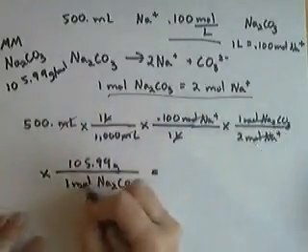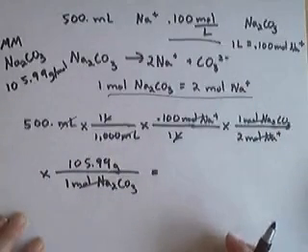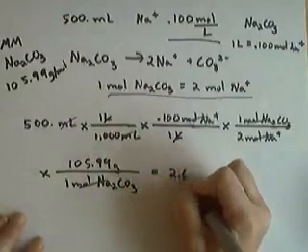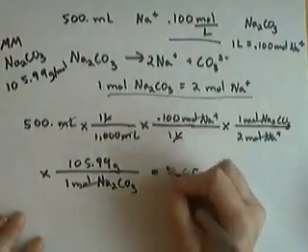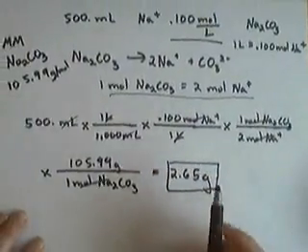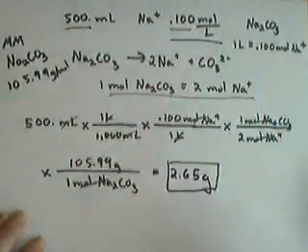Moles of sodium carbonate cancel out, all you have left is grams. So you're going to get an answer in terms of grams of sodium carbonate. Now I'd pull out my calculator, and I get 2.65 grams. I've rounded this to 3 significant figures because our starting numbers both had 3 significant figures.